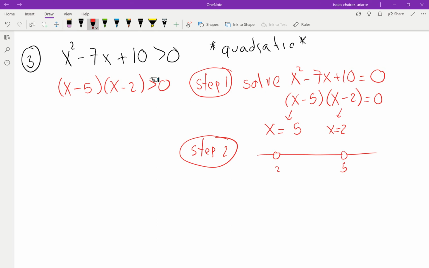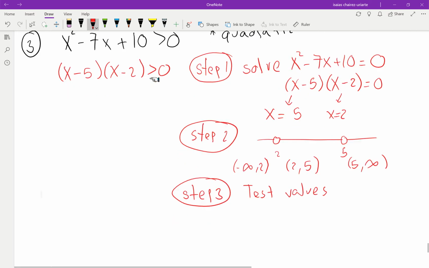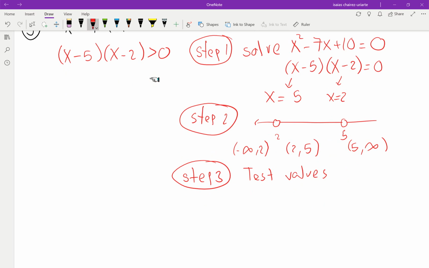Okay. And so then what I have is 3 intervals again. I have the interval negative infinity to 2. Now I'm using a parenthesis because 2 is not included. I have the interval 2 to 5, non-inclusive, and I have the interval 5 to infinity. Yeah? And so then my step 3 is to test values. Let me pick some values from each one of my intervals.